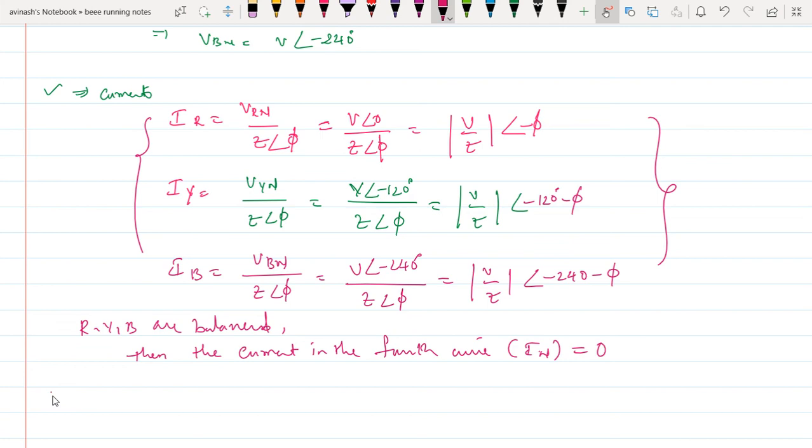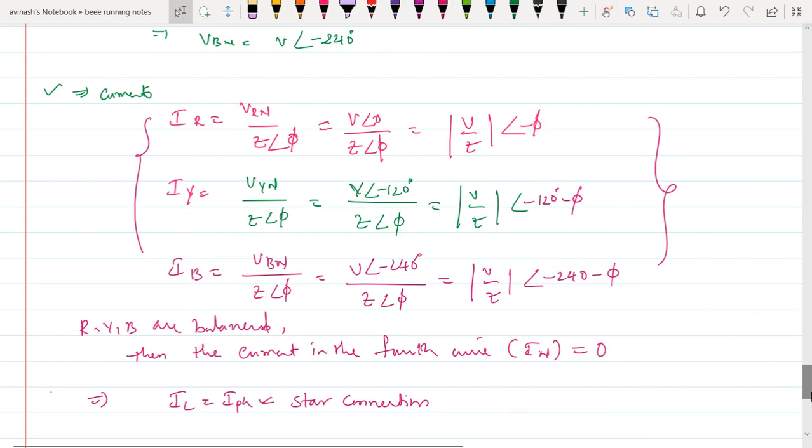The neutral is grounded for safety reasons, that's it. It makes no difference. In case of star connection, whether we put the neutral grounded on both source side and load side, nothing will change because the line current and the phase current both are same in case of star connection load. Remember this point very carefully, star connection.